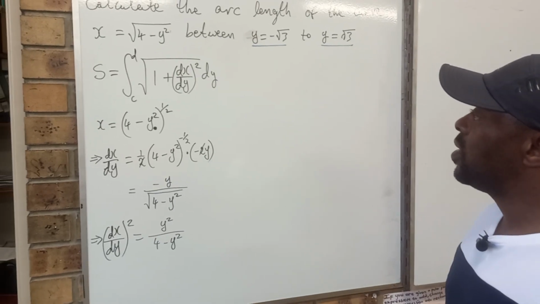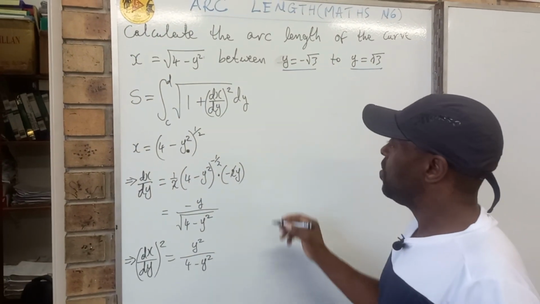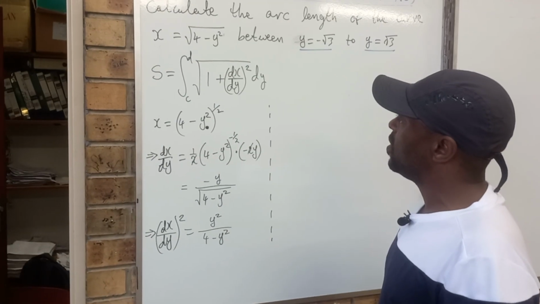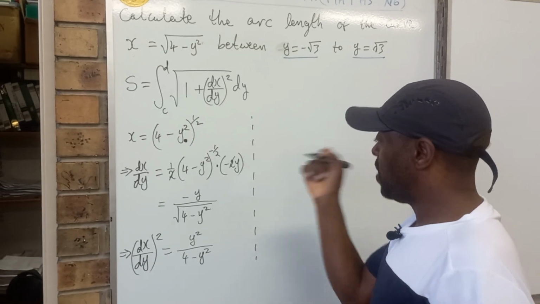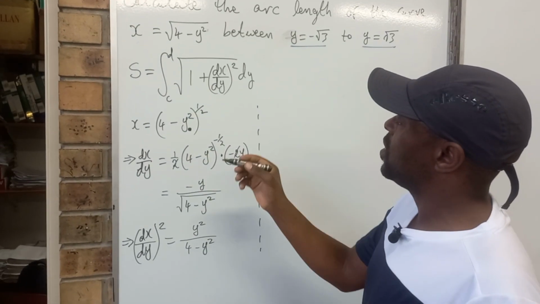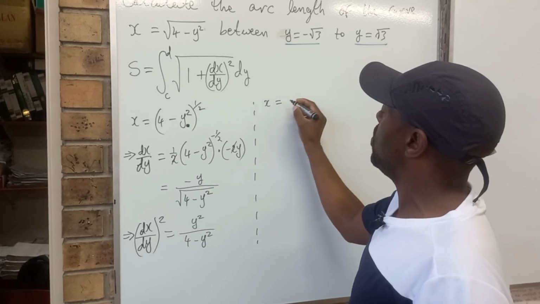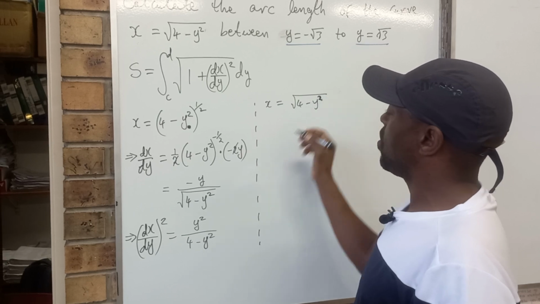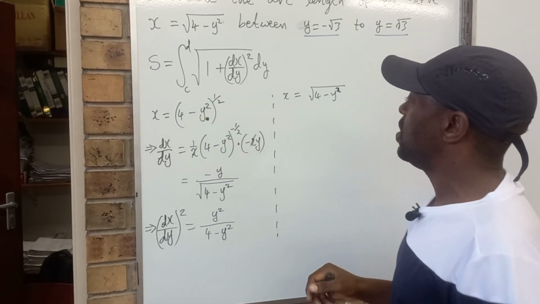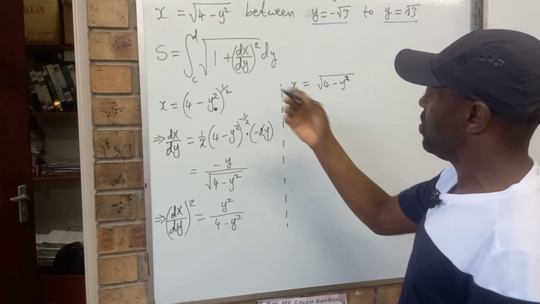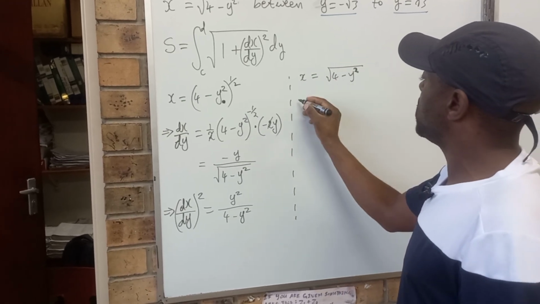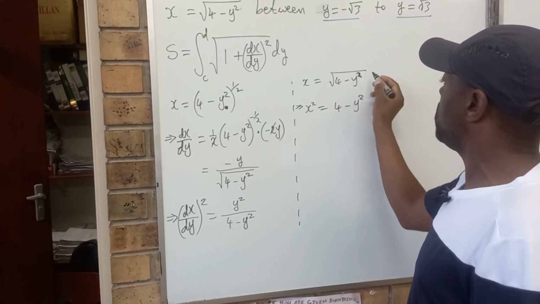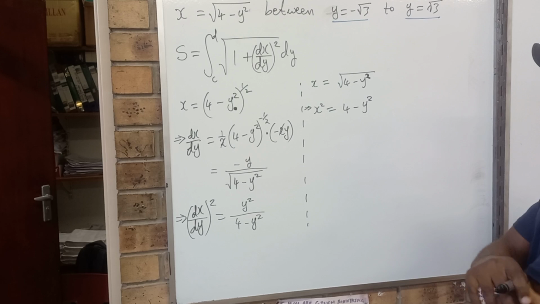So that is one option. Another option that a candidate can use is implicit differentiation. Since we've been given x equal to the square root of 4 minus y squared, a candidate who is not comfortable playing around with these fractions can start by squaring both sides to get x squared equal to 4 minus y squared, because squaring the left side just takes out the square root.